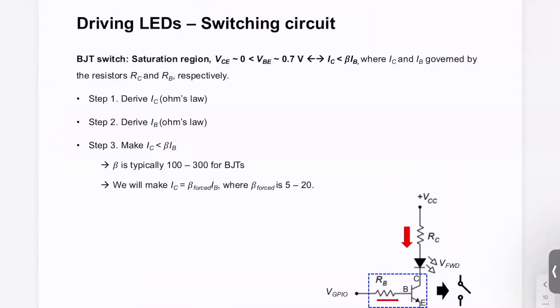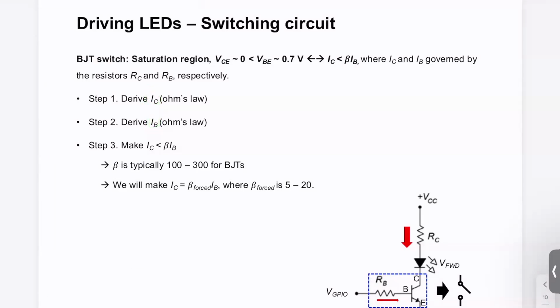Okay, so for the BJT switch, we want to make sure the collector current is less than beta times the base current. That's what we want to make happen. To make this happen, we first need to derive the formulas for IC and IB.